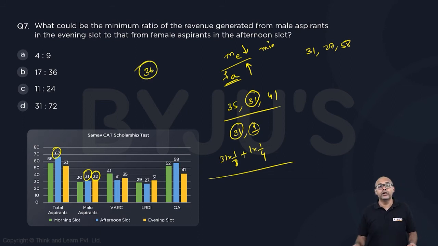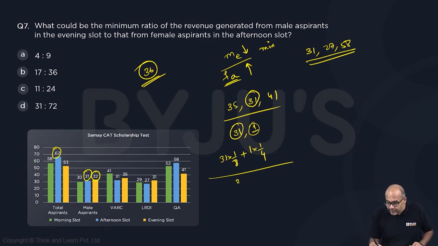Is it possible that none of the females clear the cutoffs? Yes. All these 36, I can say, because these figures can come from males. And I can say that all my females did not clear the 3 cutoffs. They could have cleared 1 cutoff, they could have cleared 2 cutoffs, but none of the females have cleared all 3 cutoffs, which means maximum revenue is 36 into 1 by 4.